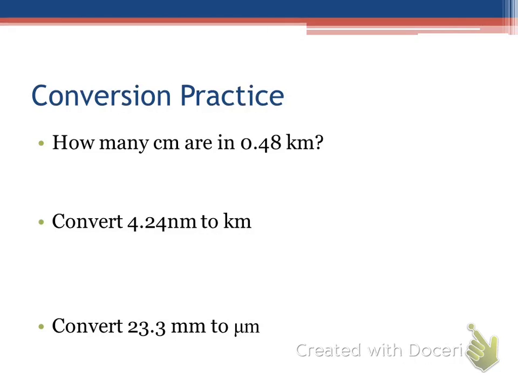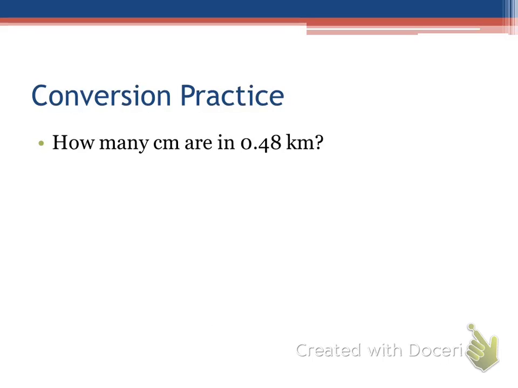Let's try just this first one. How many centimeters are in 0.48 kilometers? Okay, so we write what we know. It's probably good for you to start thinking about what's the path I'm going to take.